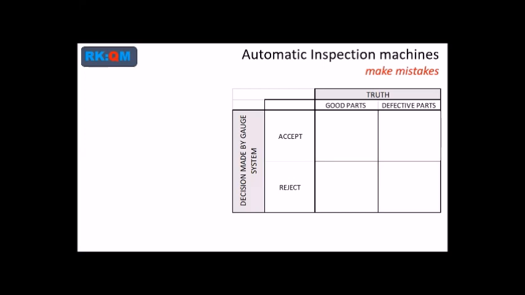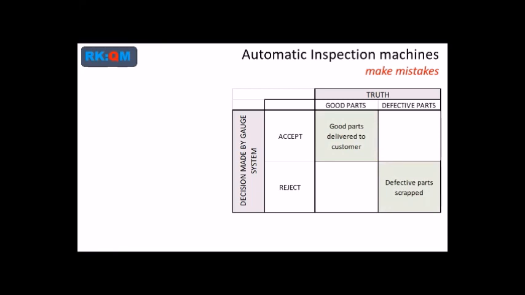Briefly, I must mention automatic inspection. Those systems that use special sensors or cameras. They are really useful, but they do not provide a foolproof sorting system. Most of the good product is accepted and the defective product is rejected.